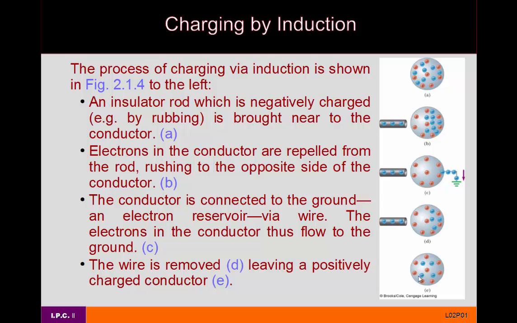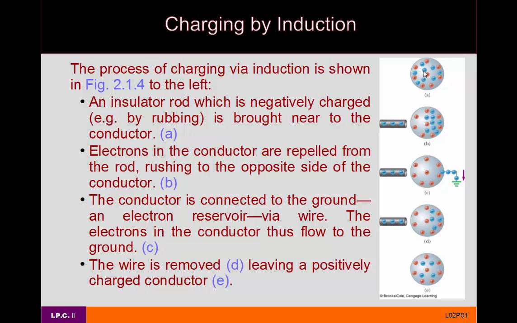So this is charging with grounding. And basically what we do is we have, first of all, a conductor which has a neutral charge. So this neutral charge you can see is provided because there's a positive charge and a negative charge, positive, negative, positive, negative. Basically, you have a negative paired with each positive.